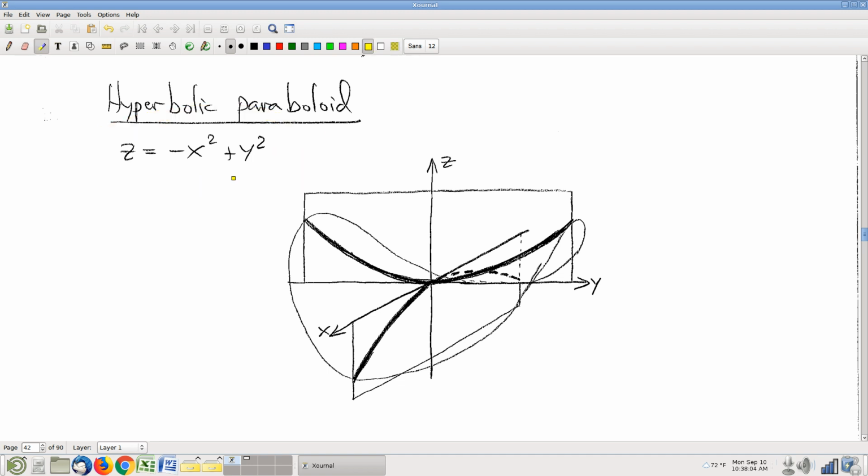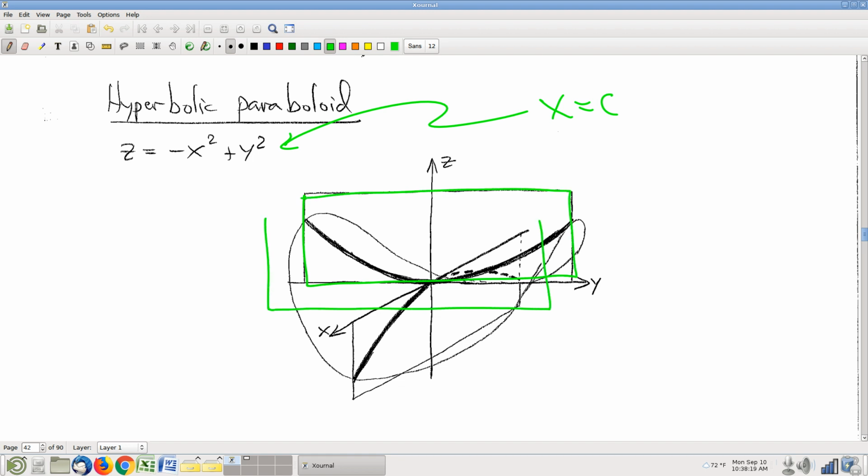So sadly, you have to make cross sections. So let's think about some cross sections here. Let's set x equal to various constants. When you set x equal to various constants, you're going to have cross section planes looking like this. Setting that x equal to a constant, various different constants.